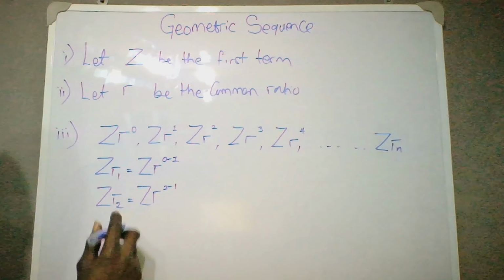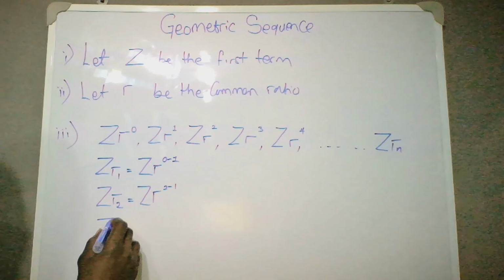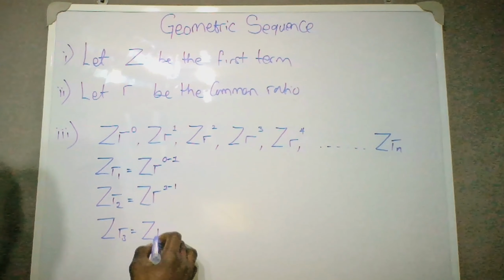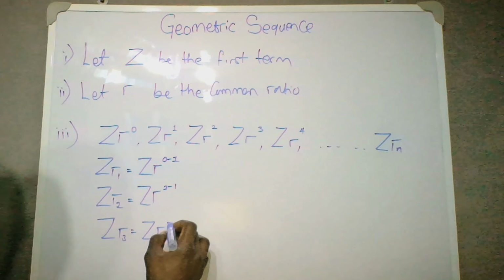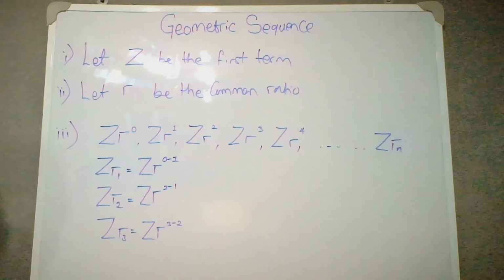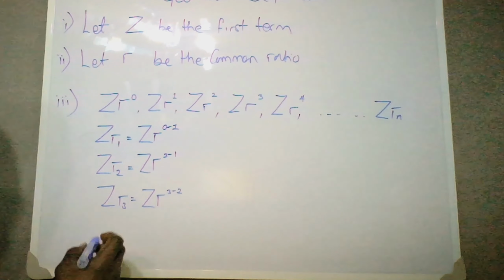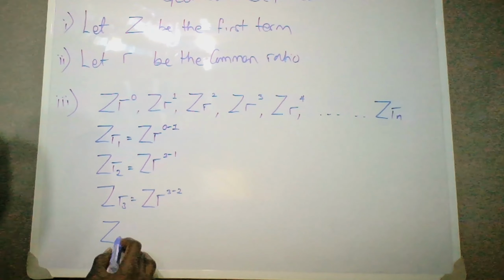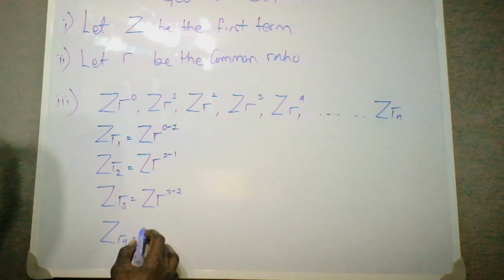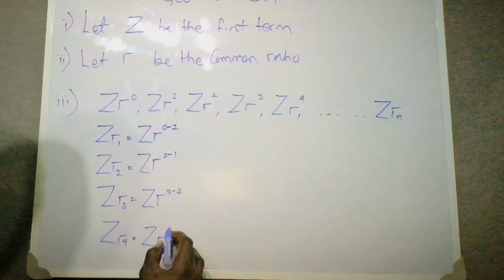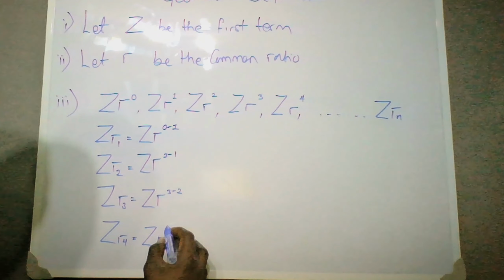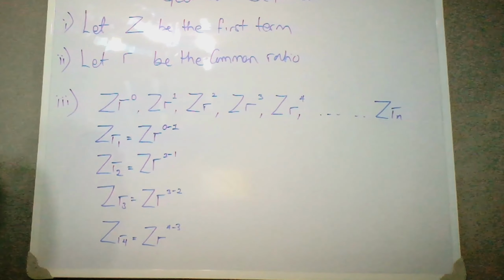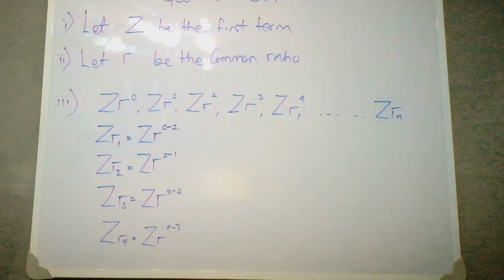We have ZR3, which is equal to ZR raised to power 3 minus 2, and we can see the board clearly. So we have ZR4, which is equal to ZR raised to power 4 minus 3, and it goes like that.